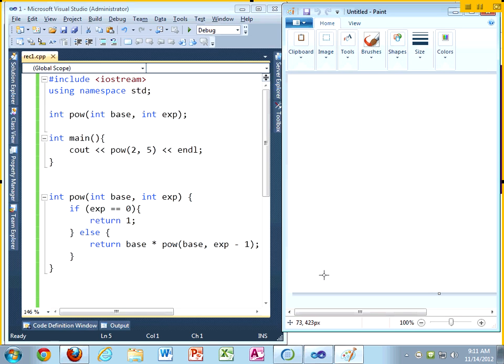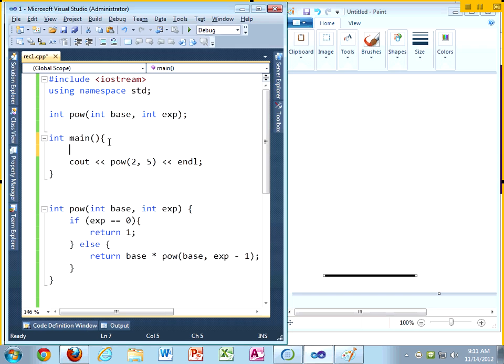And so here's the bottom of my stack. I'm going to change my main function just a little bit to make it a little more interesting.